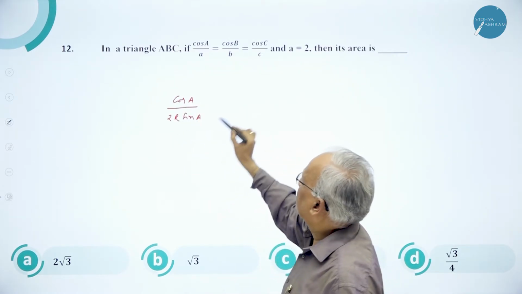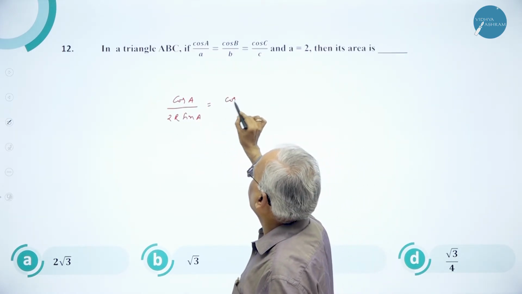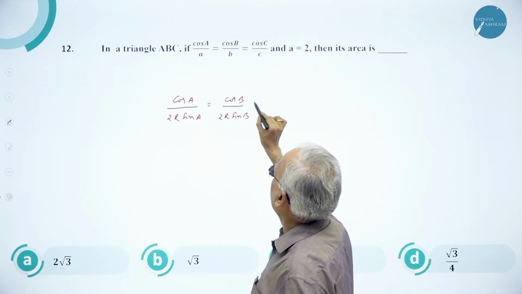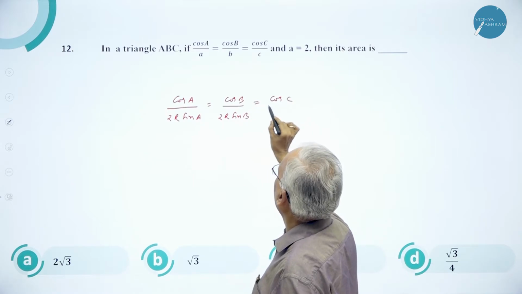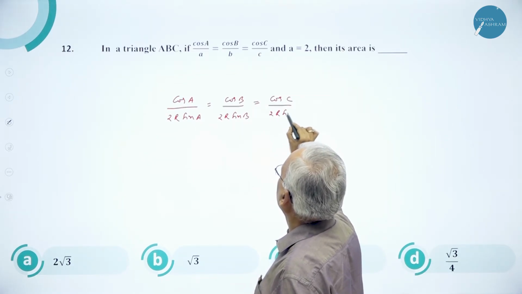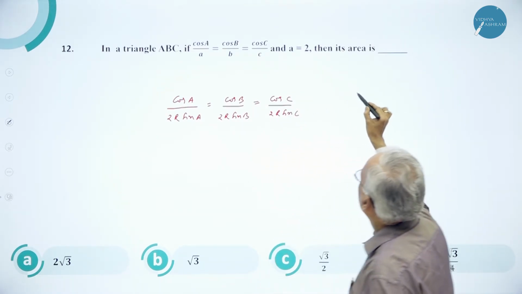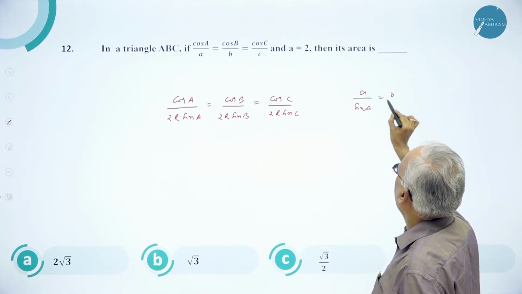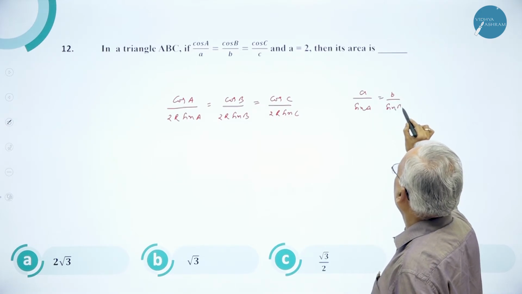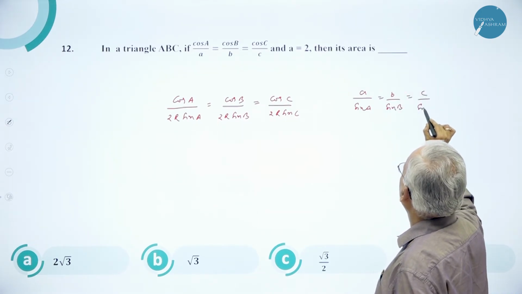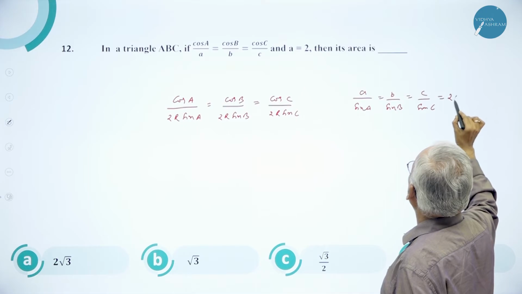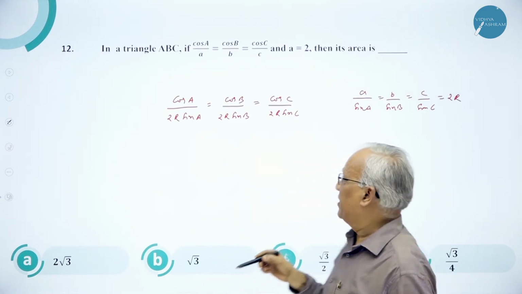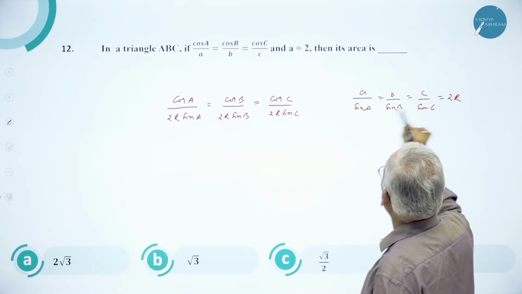So a equals 2r sin A, equal to cos B divided by b which is 2r sin B, equal to cos C divided by 2r sin C, because you know that a divided by sin A is equal to b divided by sin B is equal to c divided by sin C is equal to 2r, where r is the radius of the circumcircle of the triangle ABC. So a equals 2r sin A.